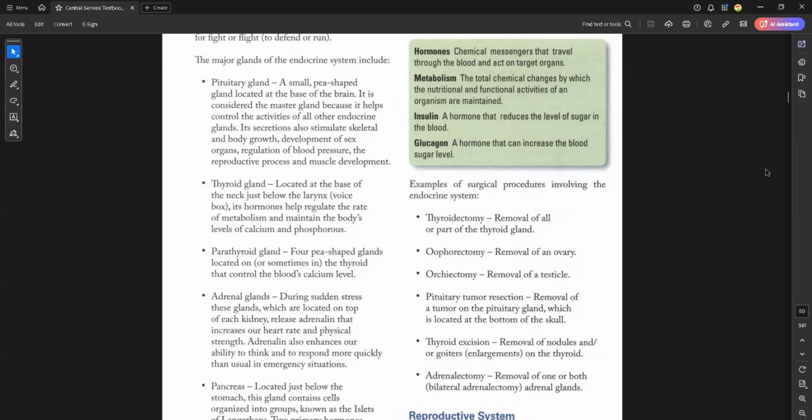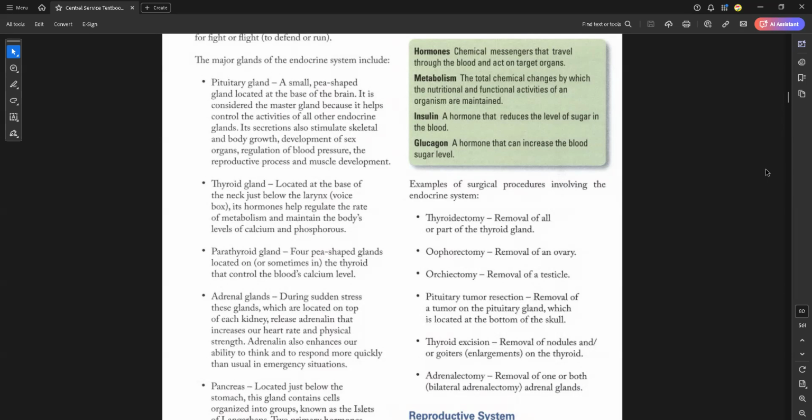Thyroidectomy. The ectomy is a suffix again. So thyroidectomy is made up of a root and a suffix. There is no prefix. Oophorectomy is also there. Anytime you say ectomy, it's a surgical removal.